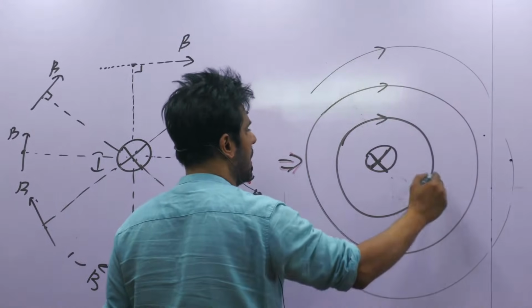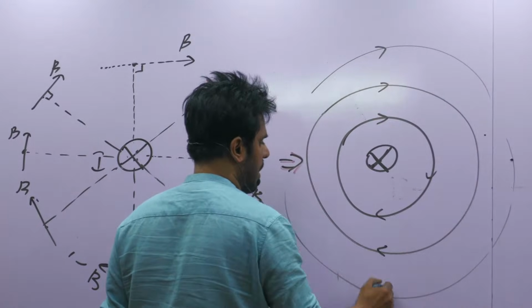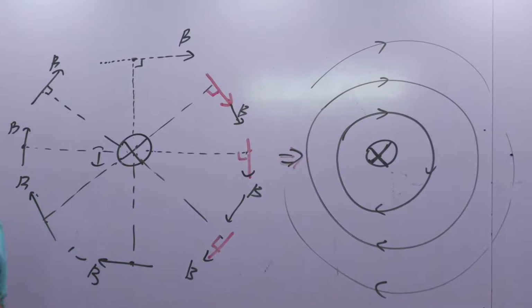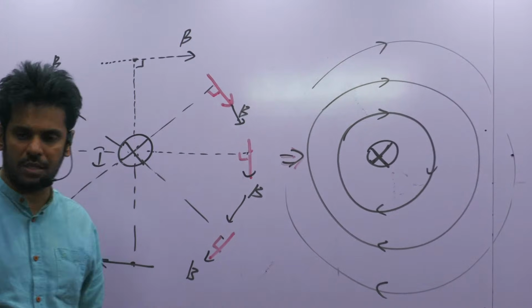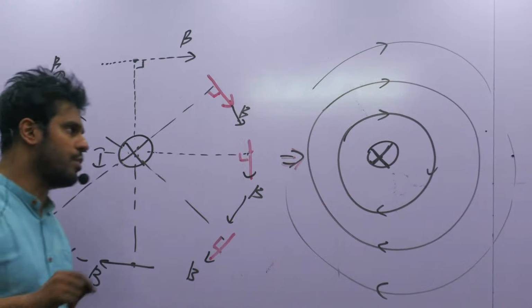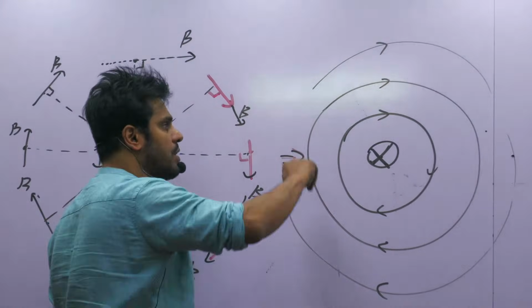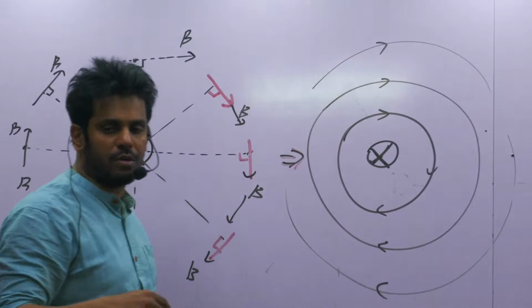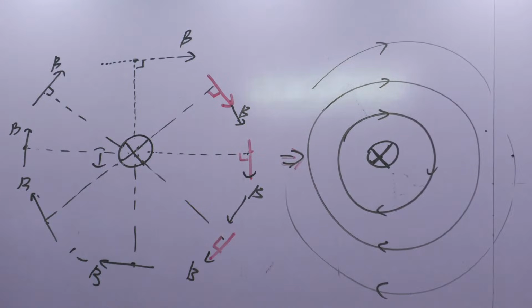All the magnetic lines act like this. Now these are the magnetic lines due to the direction of current. Now this is the way how you draw the direction of magnetic lines around the given current wire. Right? Then we will do the next one.